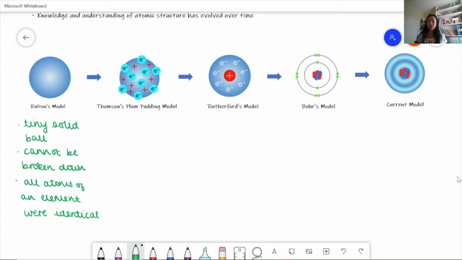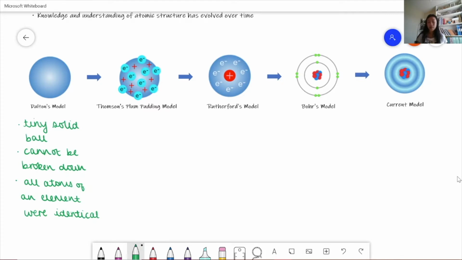And after Dalton's model was made, scientists used this model to make predictions. But sometimes the results of their experiments were a surprise, and they didn't fit with this existing model, so this model made by Dalton. And so scientists had to change this model slightly to explain any new evidence that they found. So first we have Thomson's plum pudding model, and this was the first development of Dalton's model.